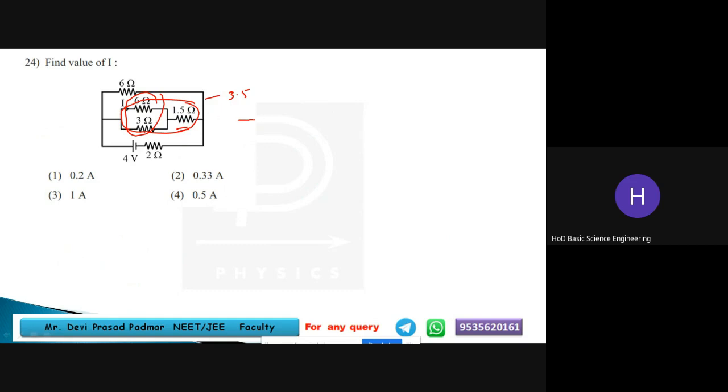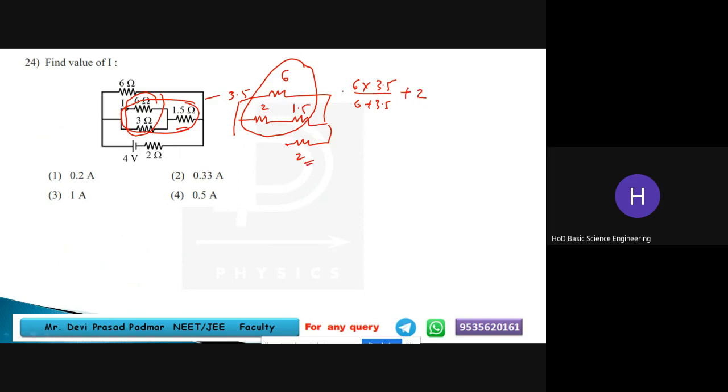See, you can write like this. This is 1.5. This is 2. And there is 1 6 ohm, and here one more 2 ohm is there. Right? So now these are connected in parallel. That means 6 into 3.5 divided by 6 plus 3.5 in parallel, plus this 2 plus that 2.